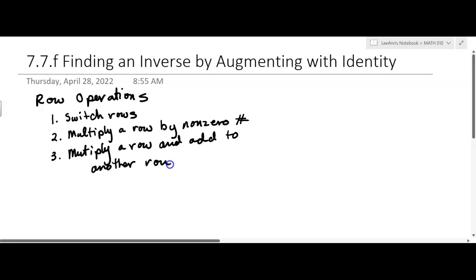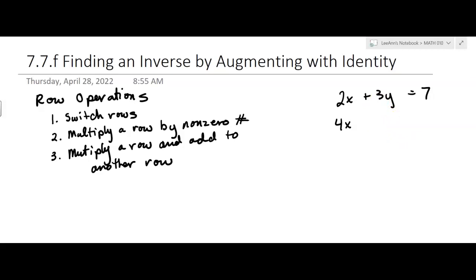Now this all comes from when we have a system of equations. Remember when we have 2x plus 3y equals 7 and 4x minus 5y equals 9. You have something like that. Well, we know how to solve that because we did that in 7.1. And does it really matter which equation you write first?